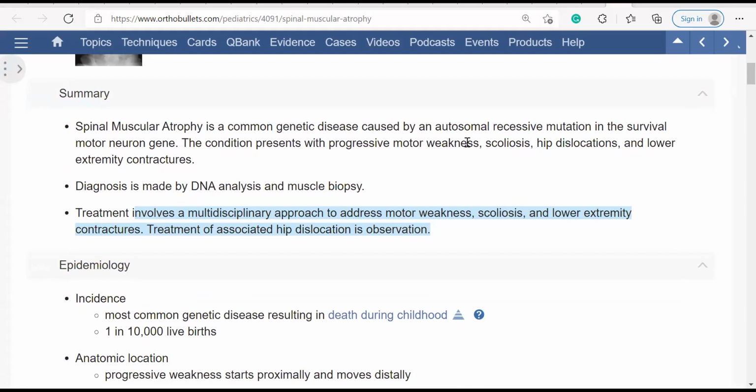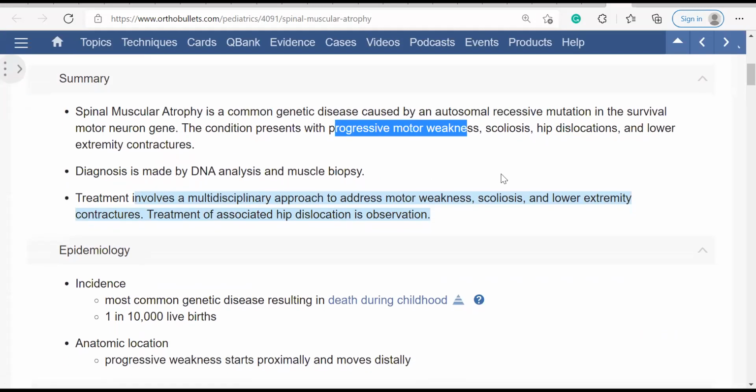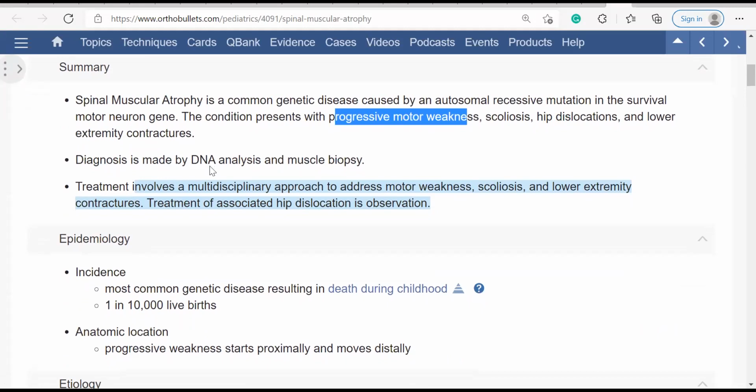It's a common genetic disease caused by autosomal recessive mutation in the motor neuron gene. So if the motor neuron is affected, obviously it will cause progressive motor weakness and some other weakness as well. Diagnosis is made by DNA analysis, that means genetic studies, and muscle biopsies.